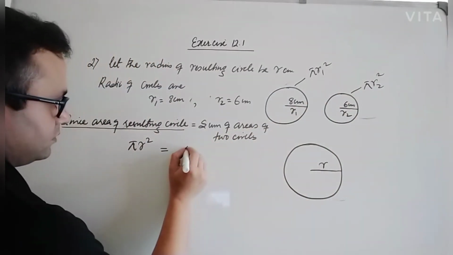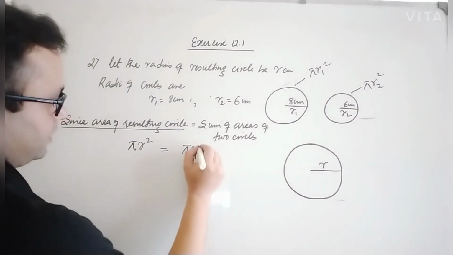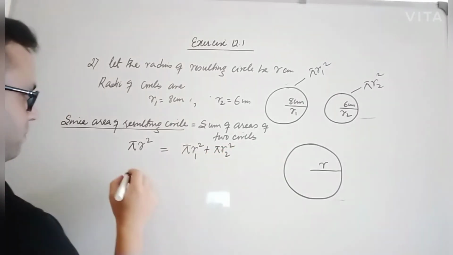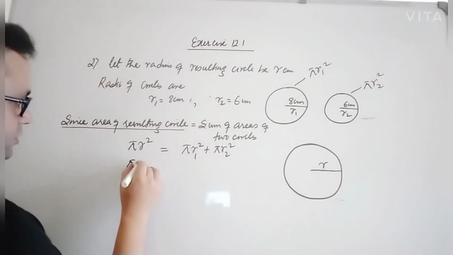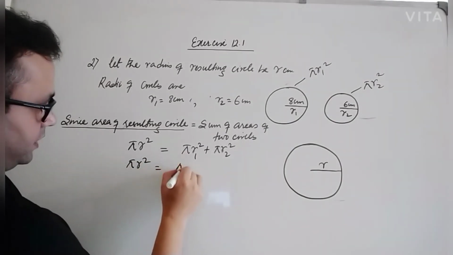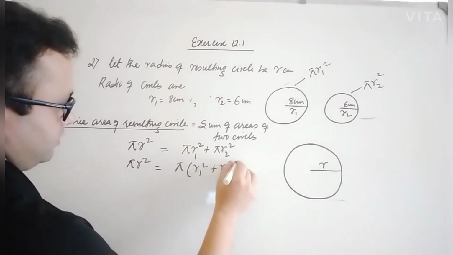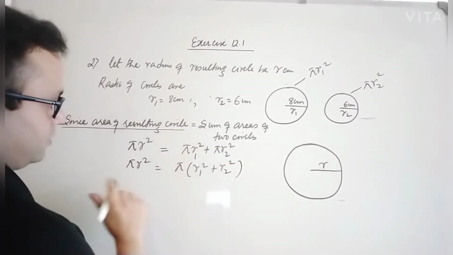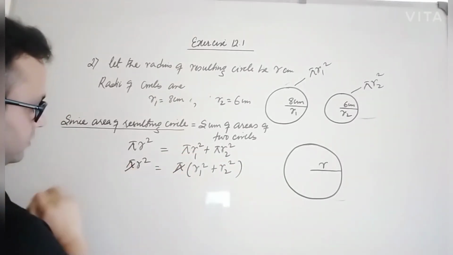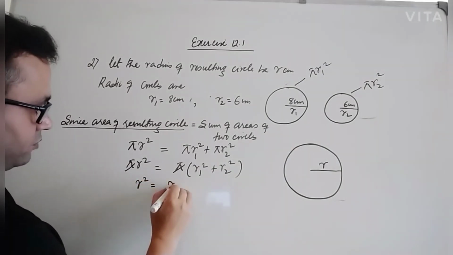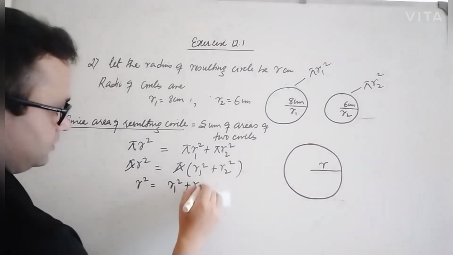So pi r square equals pi r1 square plus pi r2 square. We can take pi as common and cancel it from both sides. So r square equals r1 square plus r2 square.